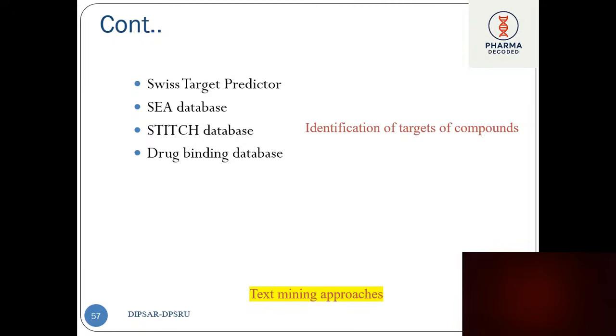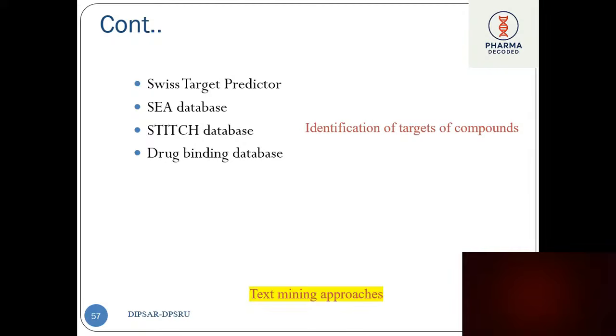Like if someone of you is working on a natural compound, you should have the structure of that natural compound, and then in these databases put the structure or SMILES notation of that particular compound, and pull out the target information in an Excel file, right? So these are the two very important steps when we talk about network pharmacology techniques, and give much more time to these two steps, because these are the foundation steps, as I told you many times.